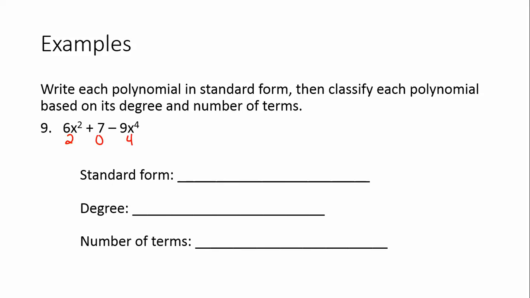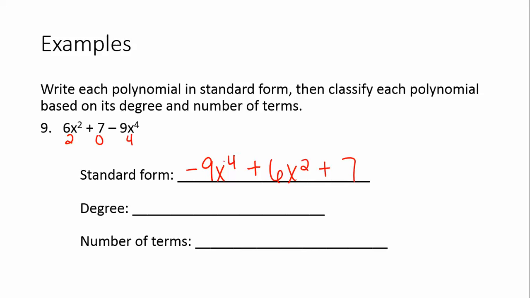So when I write this in order, it's negative 9x to the 4th. Remember that minus sign means the 9's negative, plus 6x squared plus 7. That is standard form from left to right. Our exponents, or the degrees, are decreasing. Now, what is the degree of that polynomial?